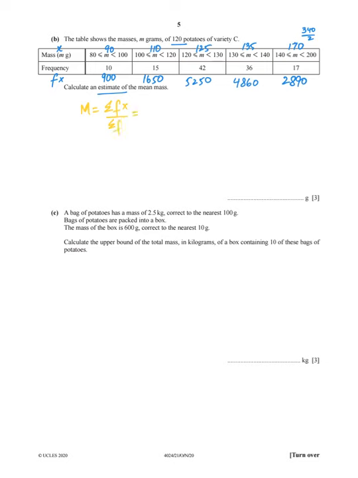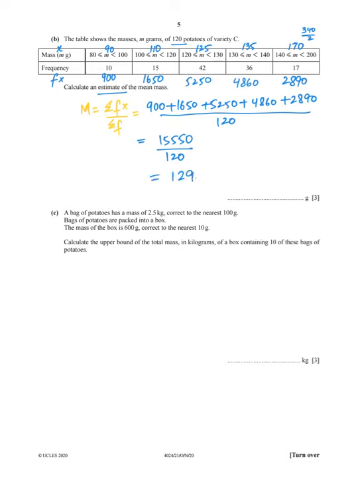So we add all those values: 900 plus 1650 plus 5250 plus 4860 plus 2890, divided by the total frequency of 120. The summation is 15550 divided by 120, which gives 129.5. That is your estimated mean mass, your answer for part B.